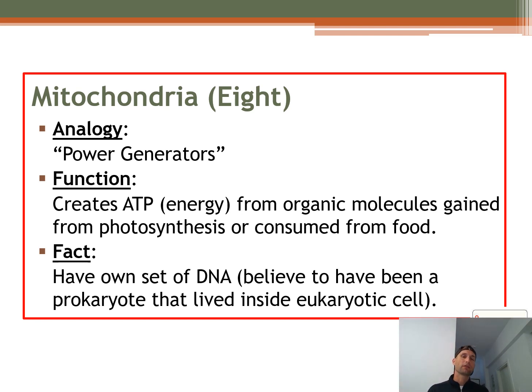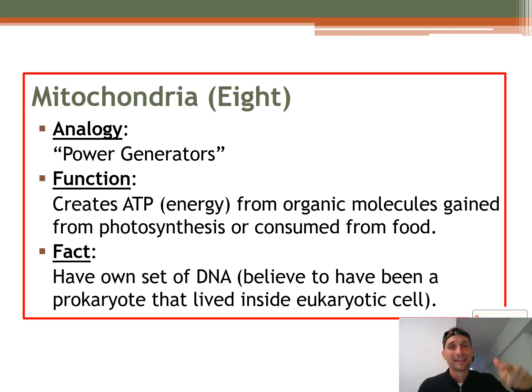So it's not nothing, and because of that, scientists believe that mitochondria were probably at one time a prokaryote that lived closely to the very first eukaryotic cells on the earth and then moved in, and the eukaryote was like, oh, hey, you're cool, you're making ATP, you can stay. And then they just became an organelle. At least that's the theory. It does have some merit considering mitochondria have their own DNA. Kind of a cool thing.